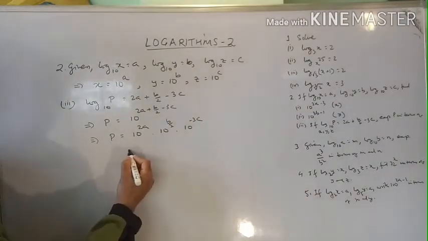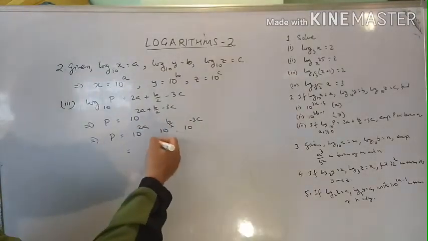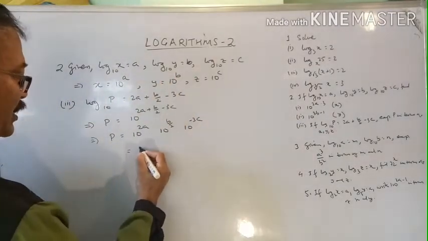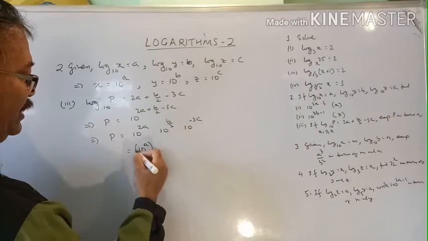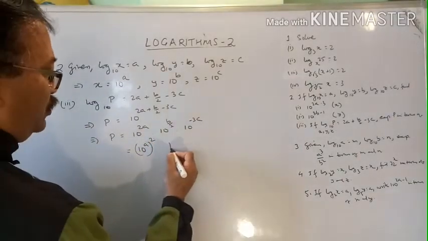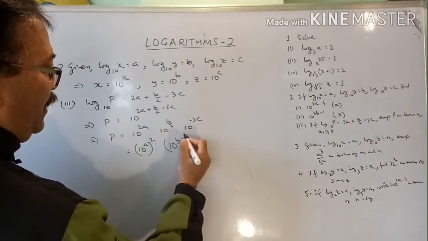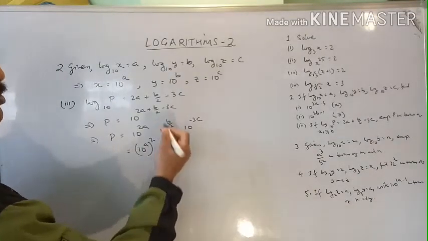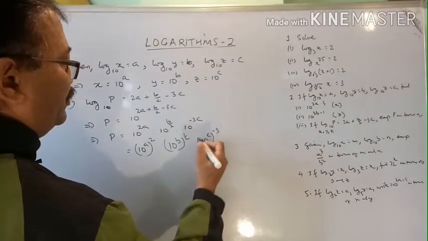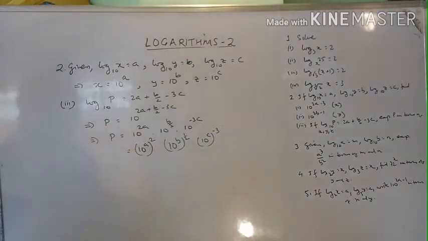Now express this in terms of 10 to the power a, 10 to the power b and 10 to the power c, so that you can put the values. How do you do that? This is (10 to the power a), write these two outside, because a into 2 will be 2a anyway. Here also (10 to the power b), write half outside, because b into half will be b by 2. Into (10 to the power c) to the power minus 3, so c into minus 3 will be minus 3c.